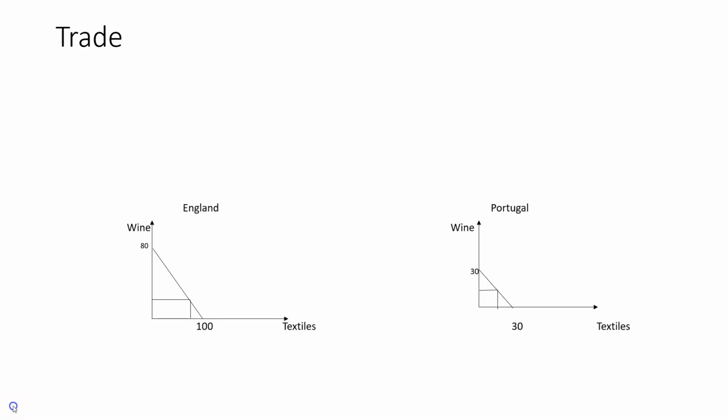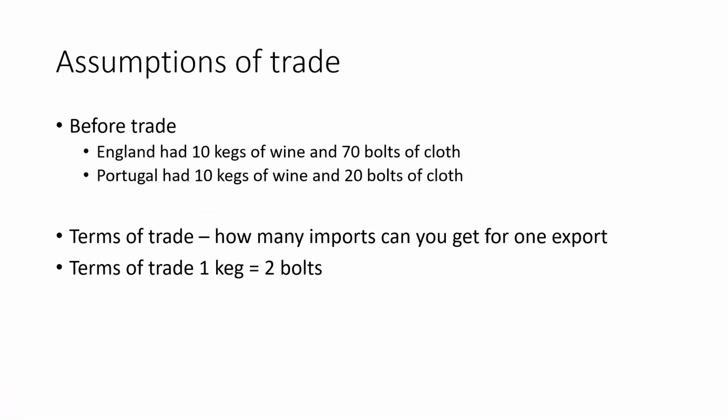Let's see what happens. Before we can trade, we needed to know some information. We just talked about how much of each of the goods each country wanted before trade. But there's something else we need to know. We need to know the terms of trade. And the terms of trade is simply how many imports we can get for 1 unit of an export.